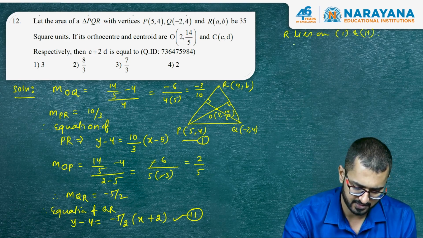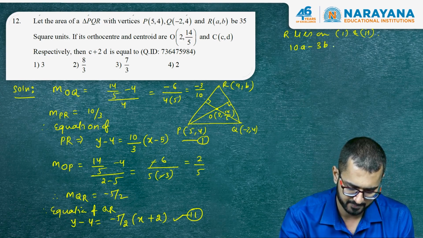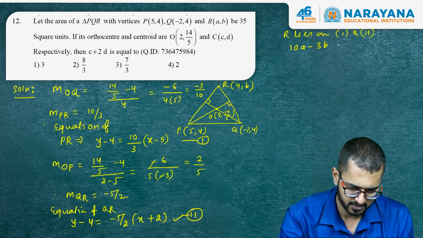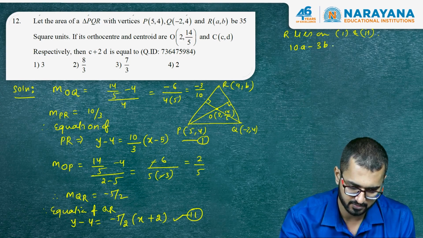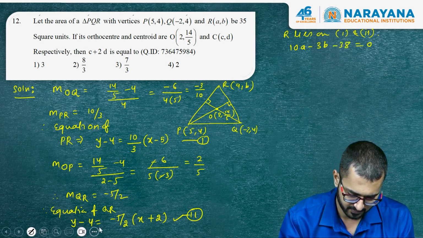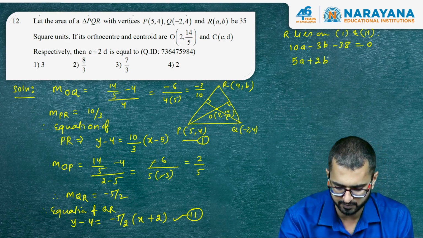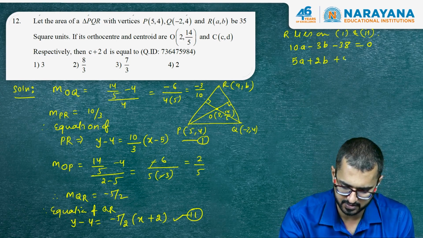I'll be having basically 10x minus 3y, so 10a minus 3b, and then minus 50 plus 20, minus 38 is equal to 0. And for the other equation I'll be getting 5x plus 2y, it means 5a plus 2b, and then minus 4 plus 10, 6 plus 2 is equal to 0.